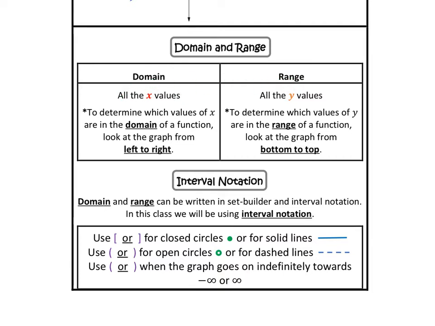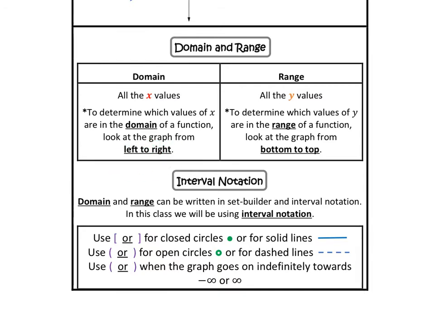Domain is considering all the x values that make up the function or the graph, and range are all the y values that make up the function or the graph. To determine which of the values of x are in the domain of the function, we look at the graph from left to right.